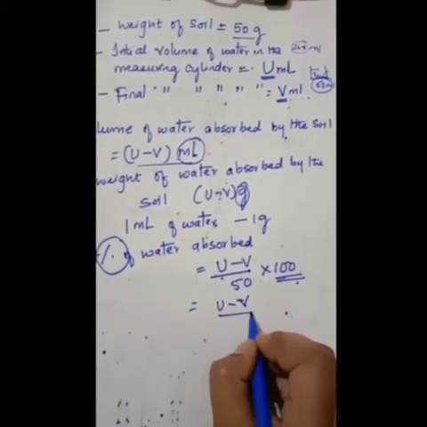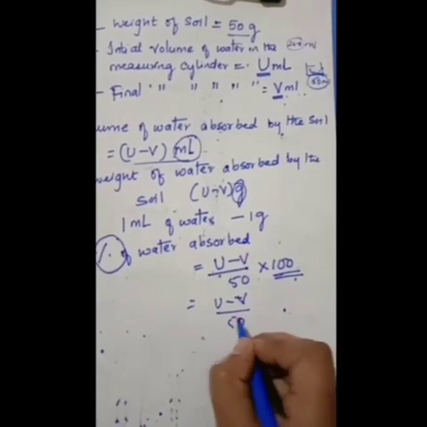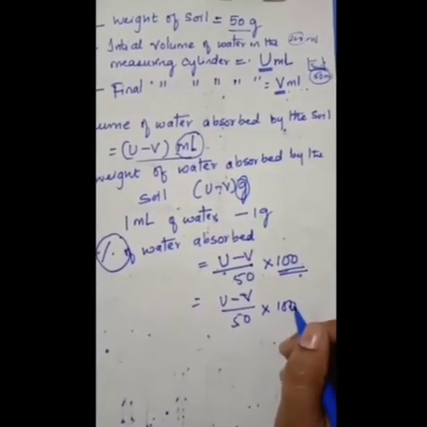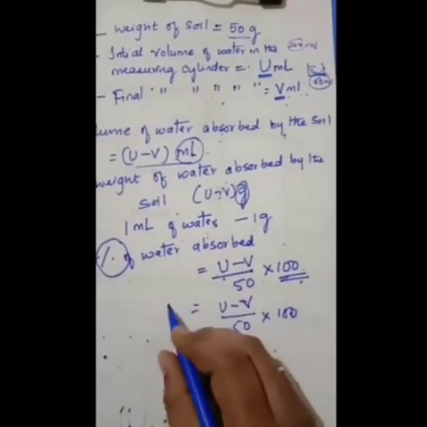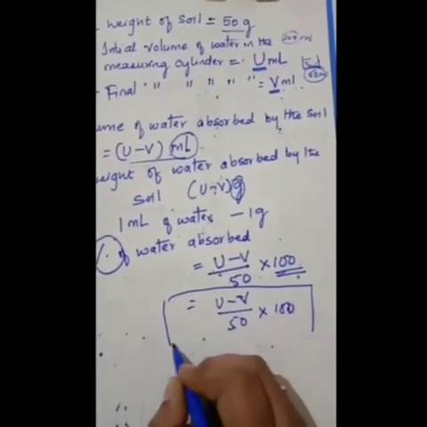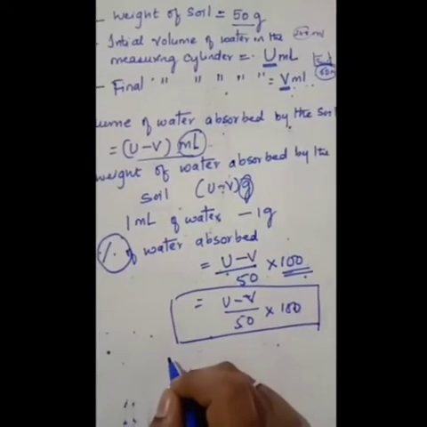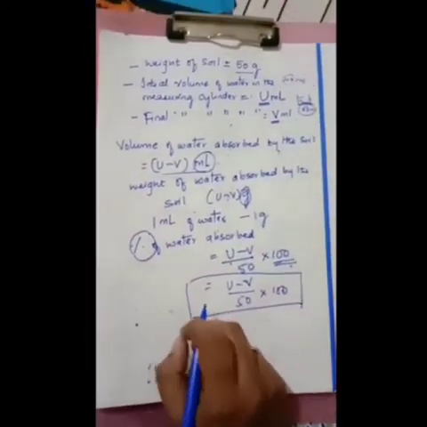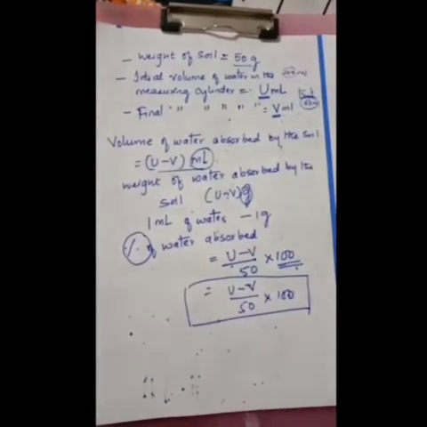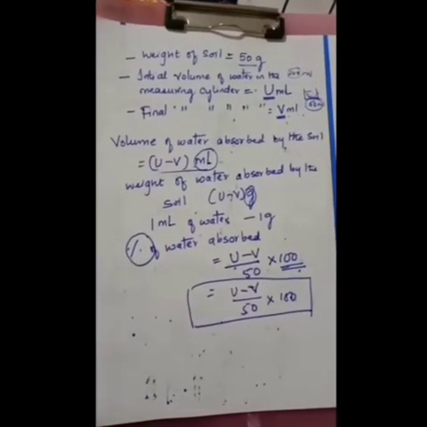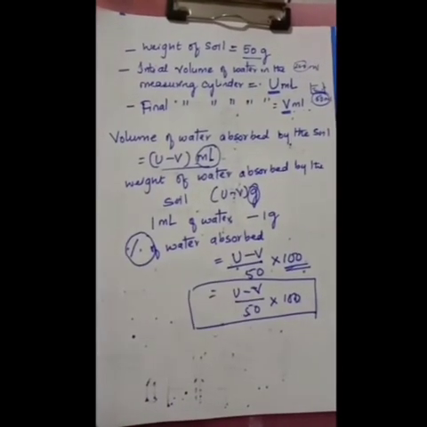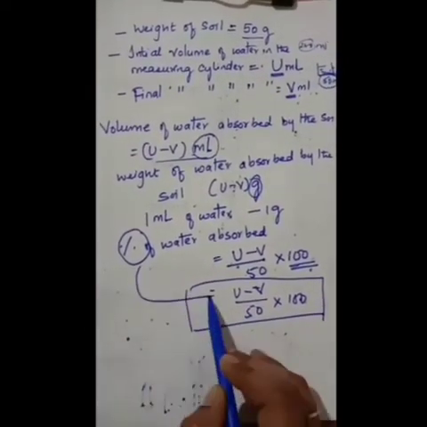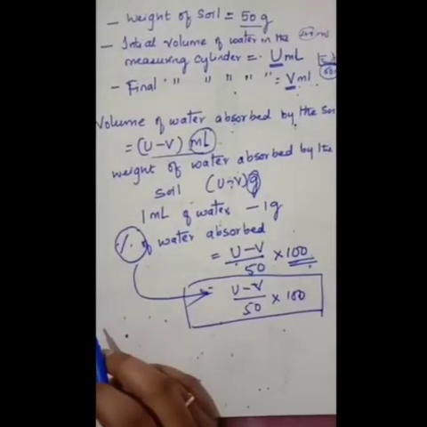U minus V divided by 50 into 100. So this is the formula they have given to calculate the percentage of water absorbed. Keep this formula in mind, because we don't have problems based on this in your book. So only the formula you should know to calculate the percentage of water absorbed.